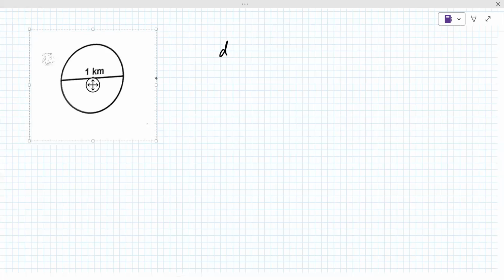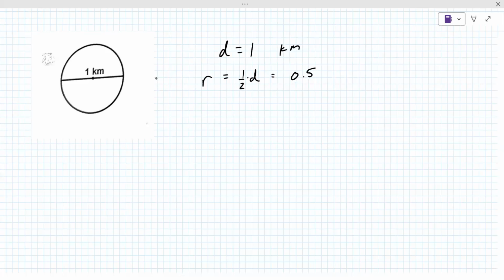The diameter in this problem is 1 kilometer. The radius is half the diameter, so it's 0.5. And now to find the area of the circle, pi r squared, pi times 0.5 squared.